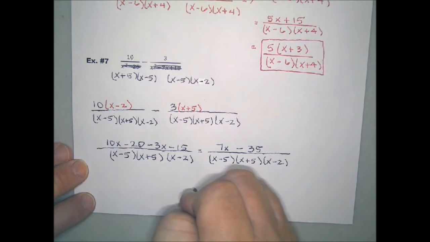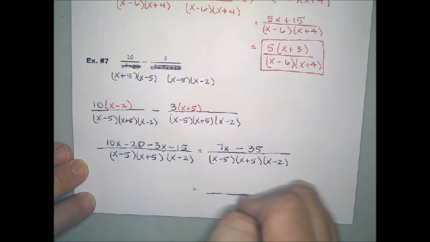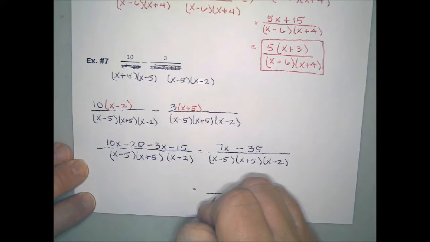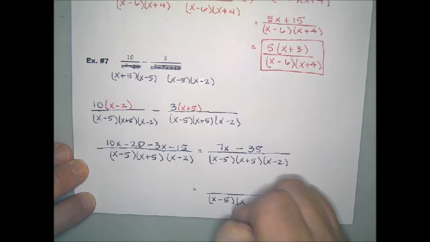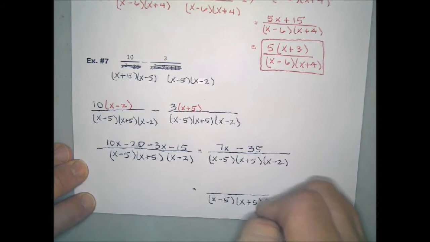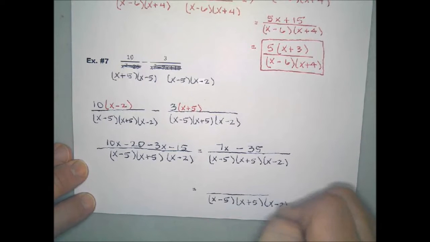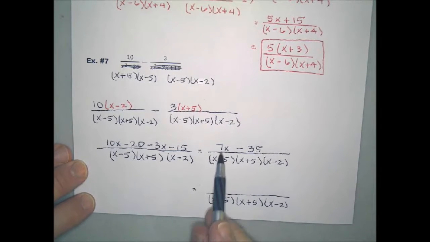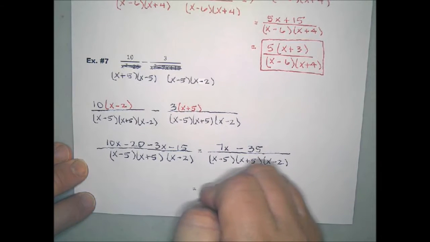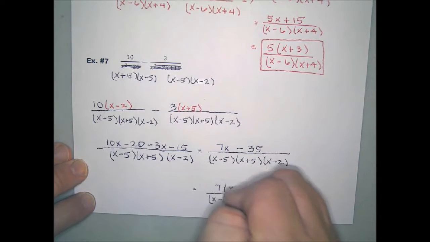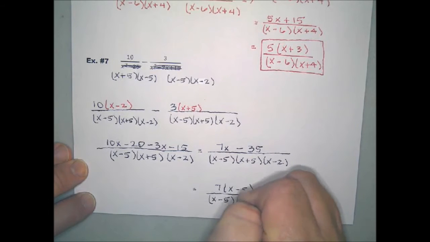Now, the final step: the denominator is already in factored form, x minus 5, x plus 5, x minus 2. The numerator can be factored, so let's go ahead and factor it. Factor out a GCF of 7, and we're left with x minus 5.